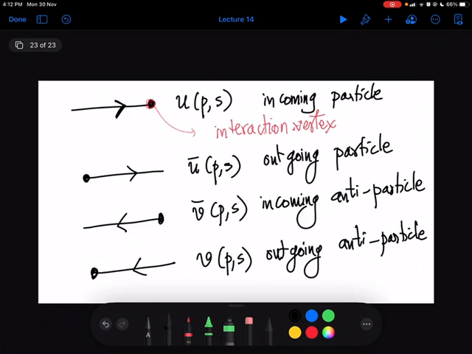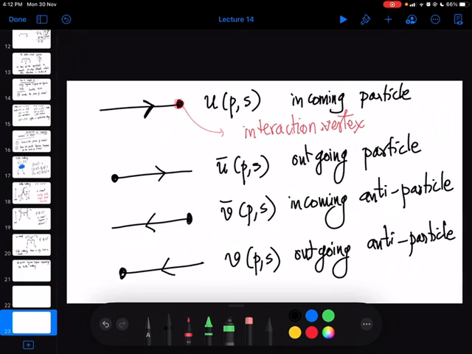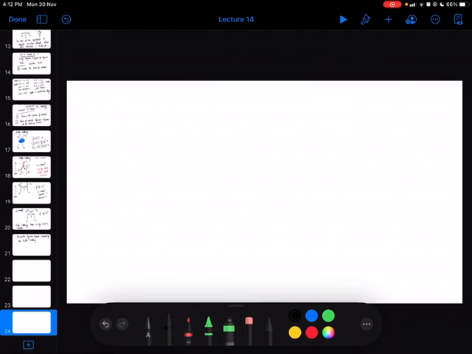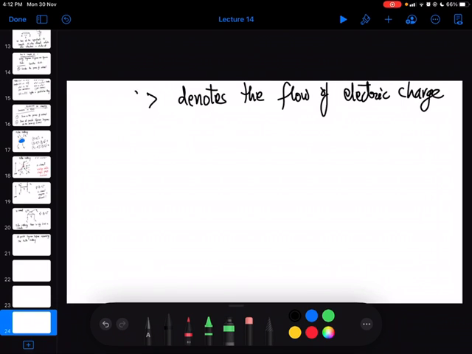So this arrow essentially denotes the flow of charge. Because we are in QED, this denotes the flow of electric charge.